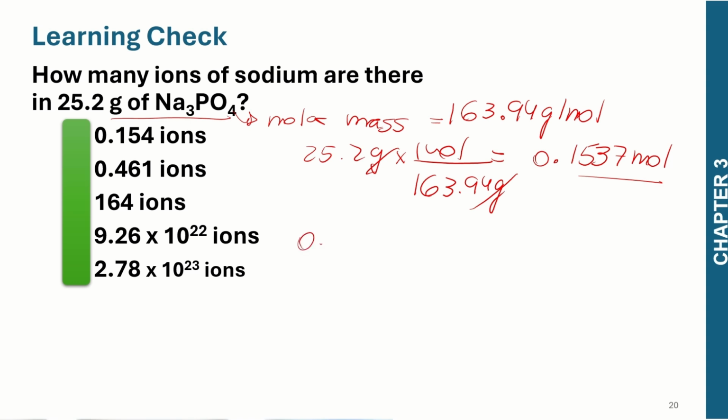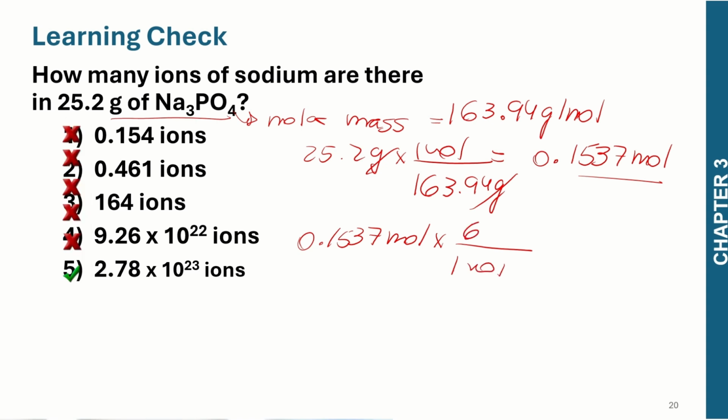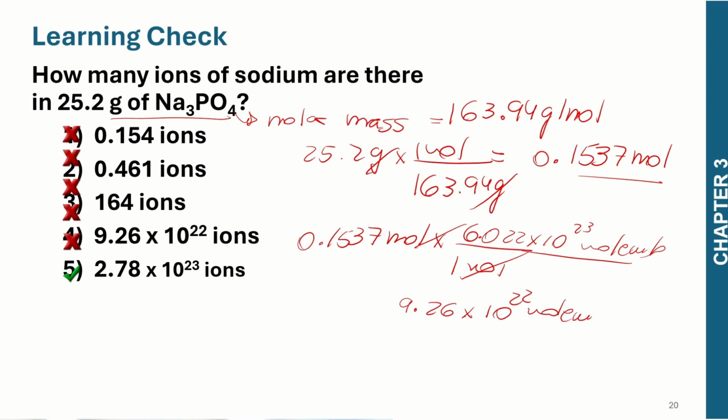So I have 0.1537 moles, and I know that 1 mole is 6.022 times 10^23 molecules. So we cancel the units over here, and we're going to have 9.26 times 10^22 molecules or units.